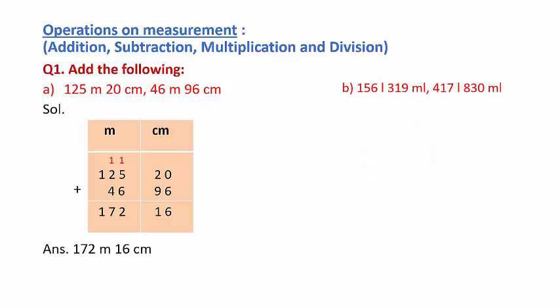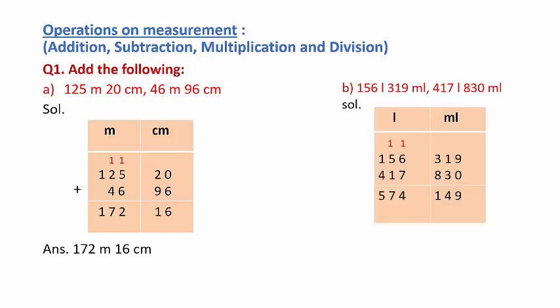Next question, 156 liter 319 milliliter, added with 417 liter 830 milliliter. Again we will divide liter and milliliter into two columns and then we will be adding. Adding first milliliters, that is 319 plus 830.